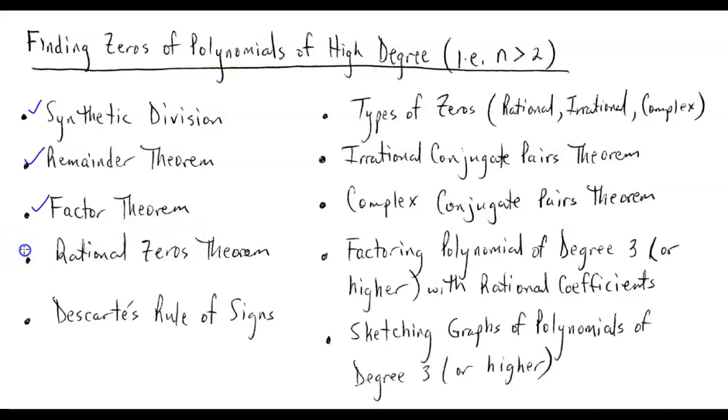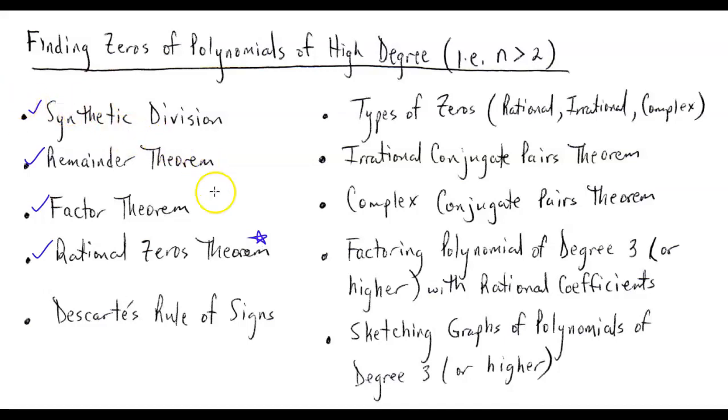We're also going to study the rational zeros theorem, and this is a very important theorem for what we're trying to do. This theorem basically gives us a way to jumpstart our process of taking a polynomial of high degree and starting to factor it down.